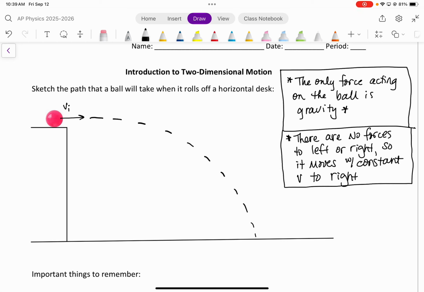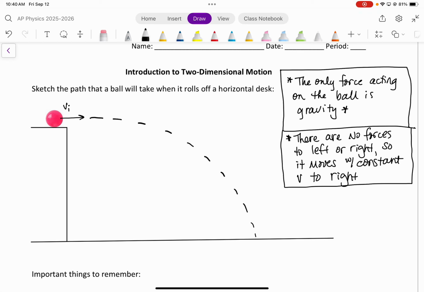All right, so these are two fundamental concepts that we have to think about when we're talking about a projectile. A projectile, most of the time in physics, is something that is moving forward and either up or down or both at the same time. All right?